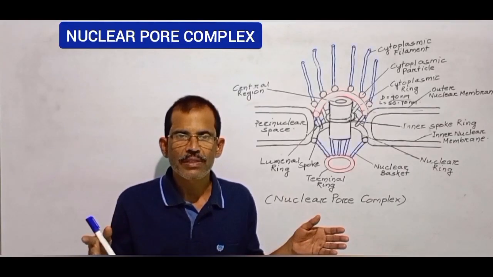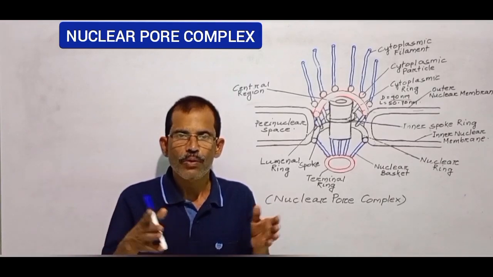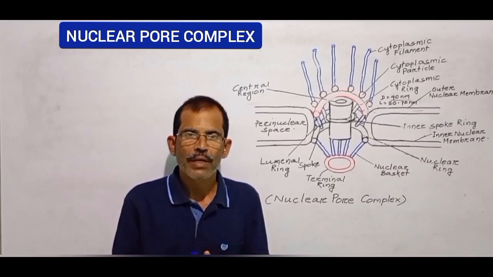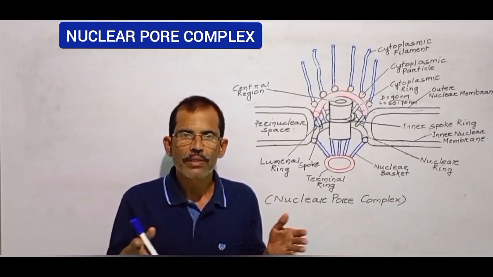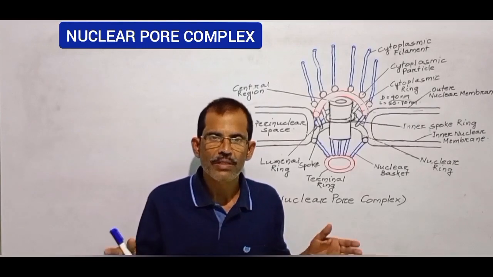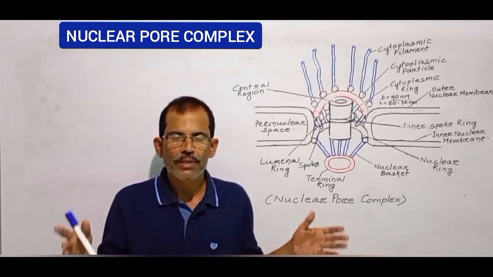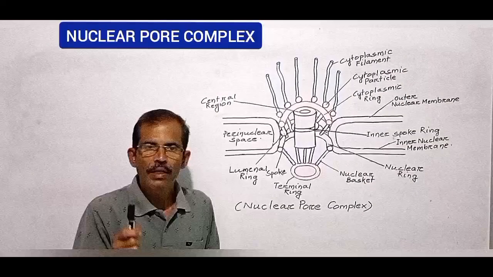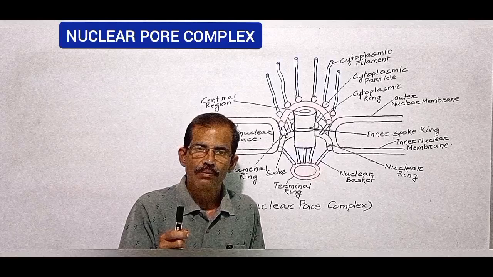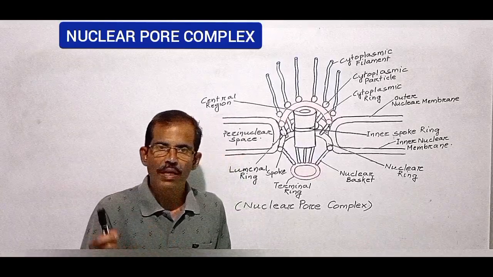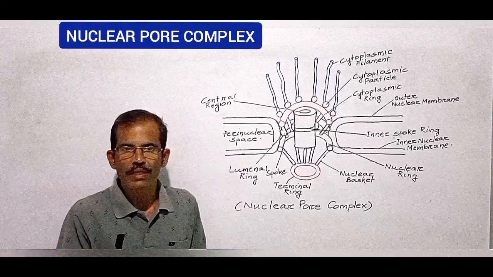Nuclear pore complexes, also known as NPCs, are large aqueous channels that penetrate the nuclear envelope, connecting the nuclear interior with the cytoplasm. These complexes are eightfold symmetrical structures. In a typical growing cell, nearly all traffic between nucleus and the cytoplasm passes through nuclear pore complexes.